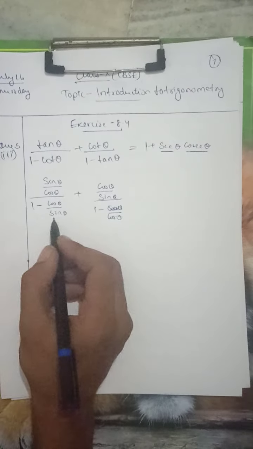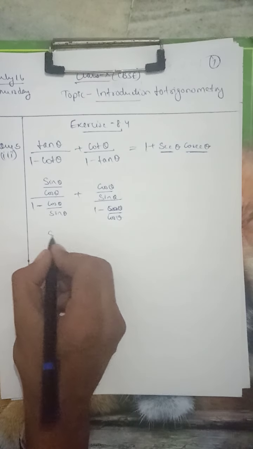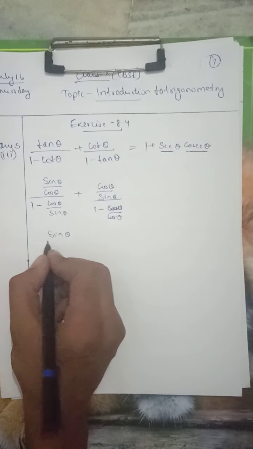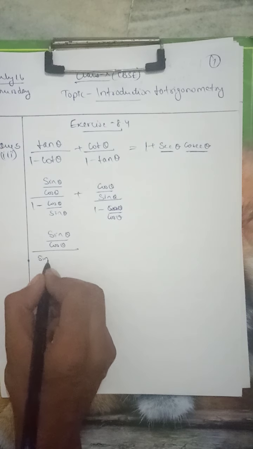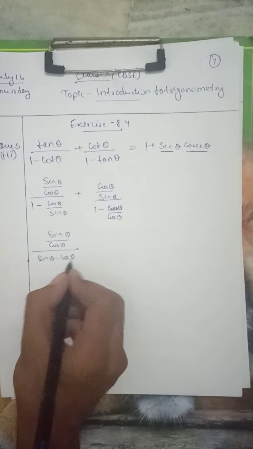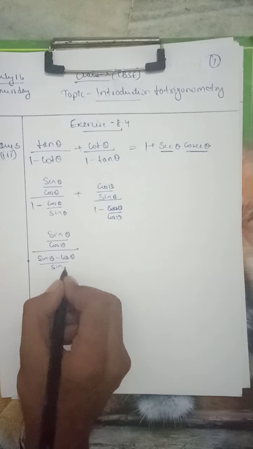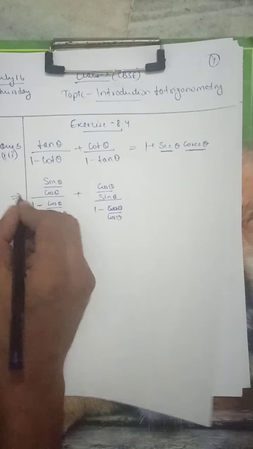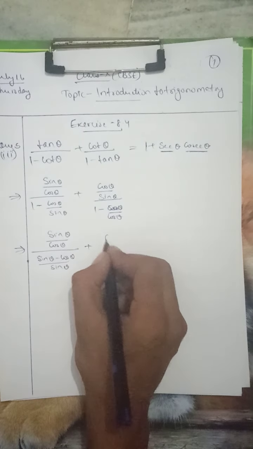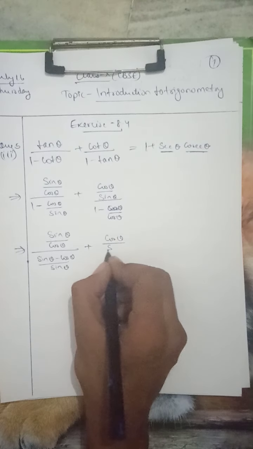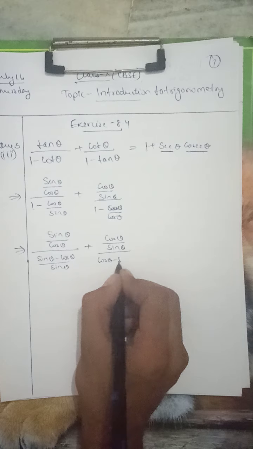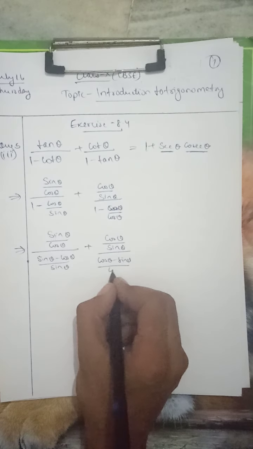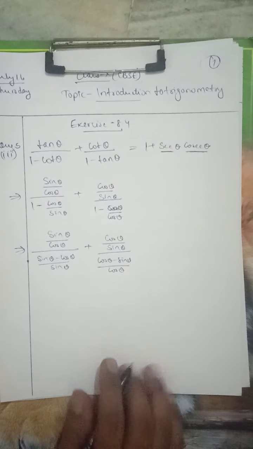Now in the denominator we have fractions, solve it. When you take the LCM, you will get sine theta minus cos theta upon sine theta, and here you will get cos theta minus sine theta upon cos theta.